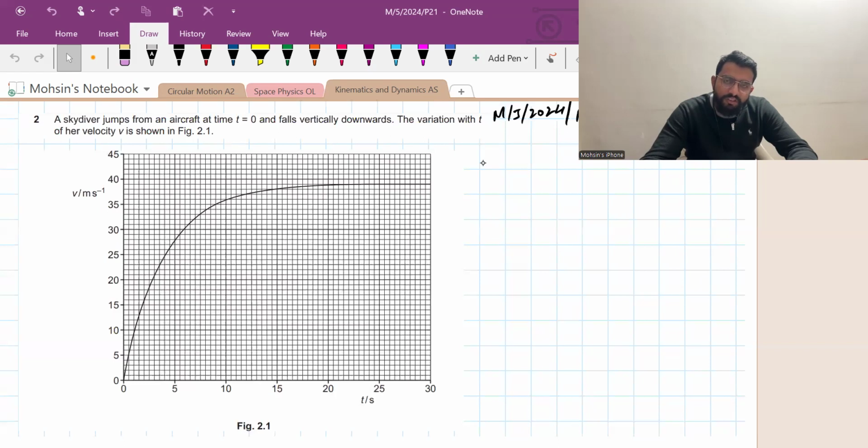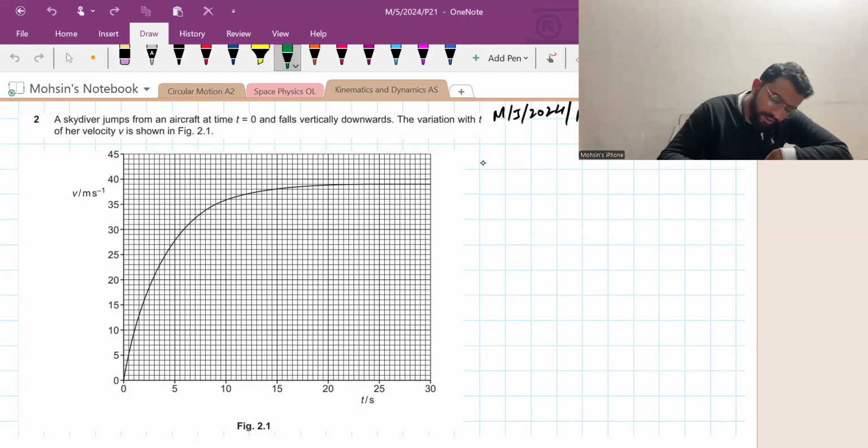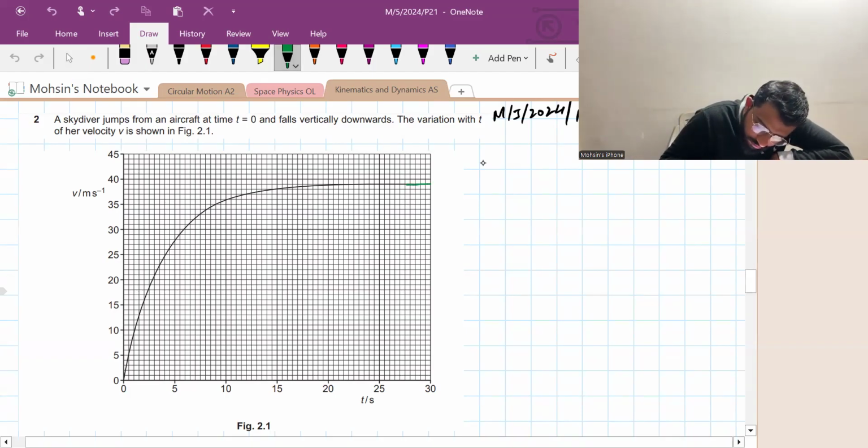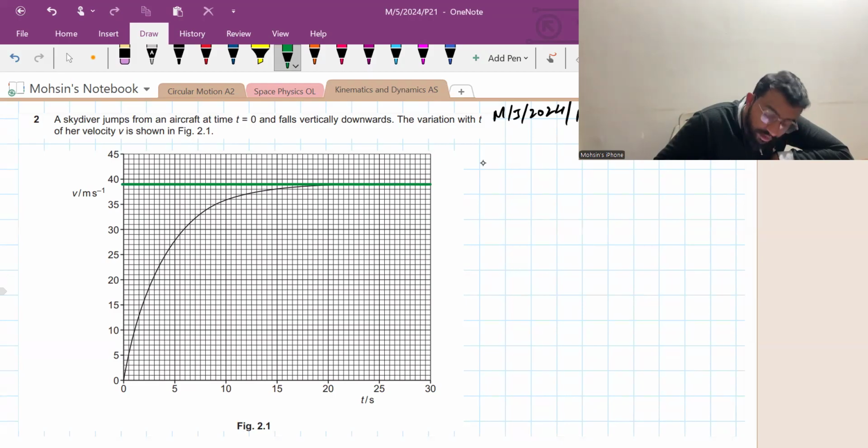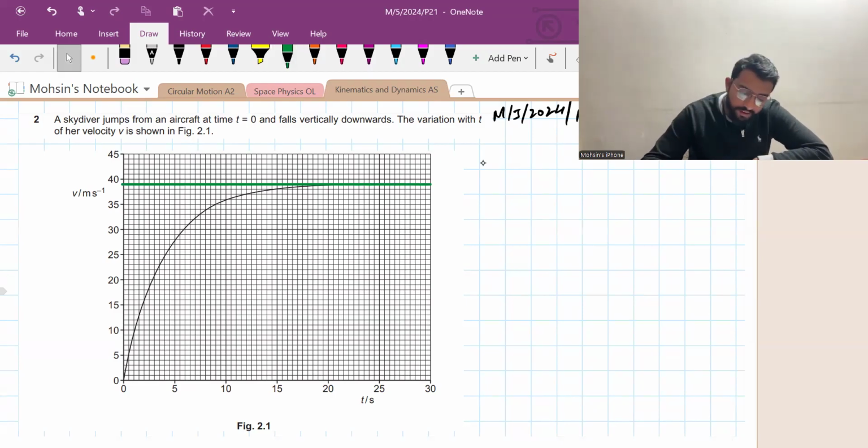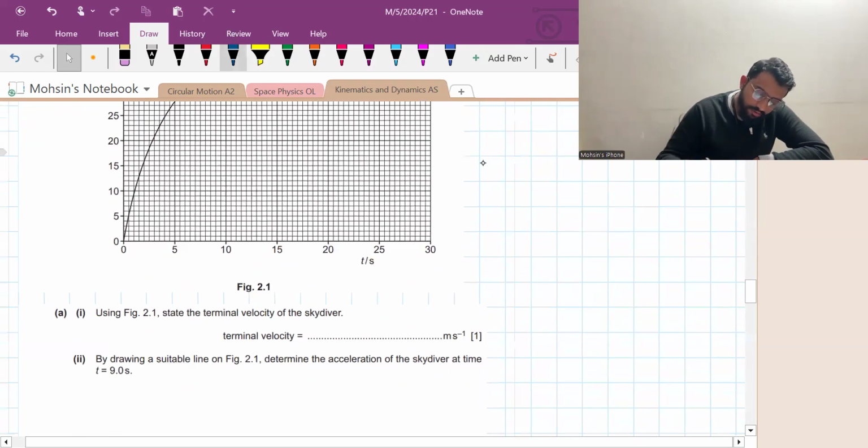This topic was also there in the O levels. So here we will see the point where the velocity is constant, and this is the point I have got here. We can easily observe it is 39.